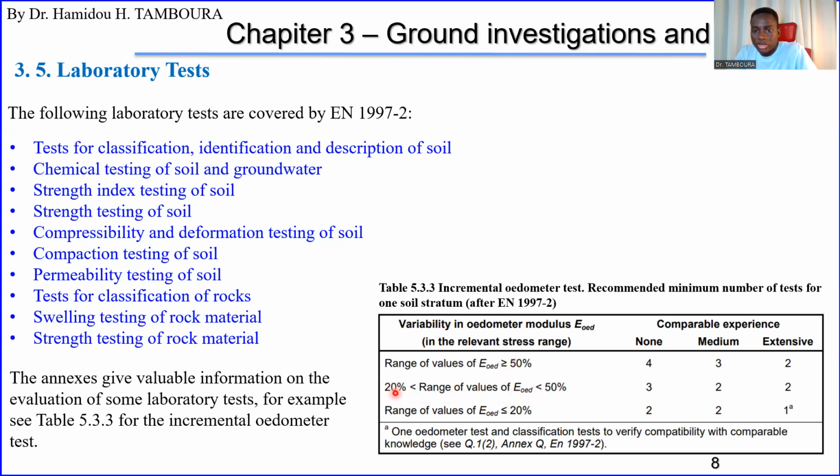If it is between 20 and 50%, you have this range, and when the oedometer modulus variability is less than 20... Okay. So the experience matters. This is just a recommendation.